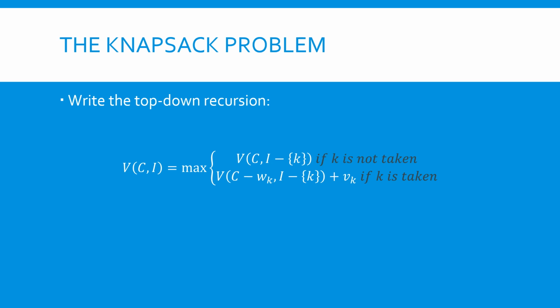This scenario corresponds to the first condition of the recursive function. On the other hand, if item K is selected, we need to update both the capacity and the value accordingly. Item K also needs to be removed from the candidate set, for it has now been considered. This scenario corresponds to the second condition of the recursive function.